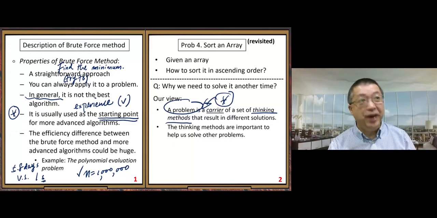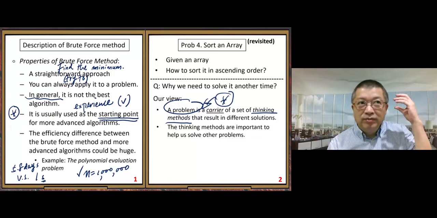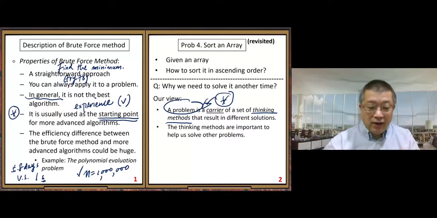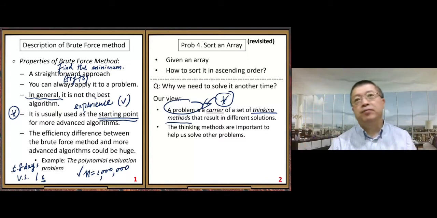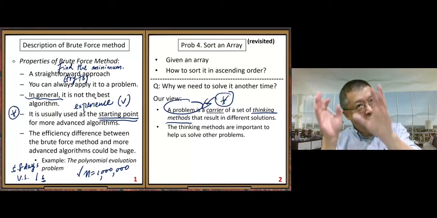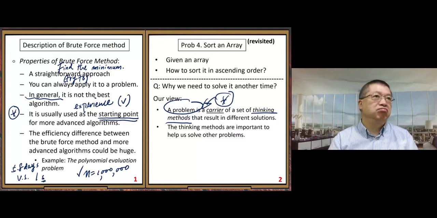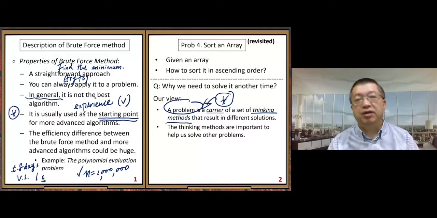After this class, you will never forget the sorting problem; it is in your mind permanently. So that problem would carry multiple thinking methods, and those thinking methods could be useful in your real world problem solving situations. That's our new view of it.